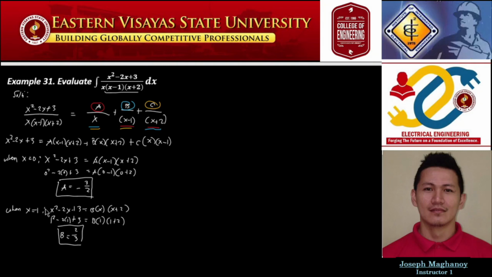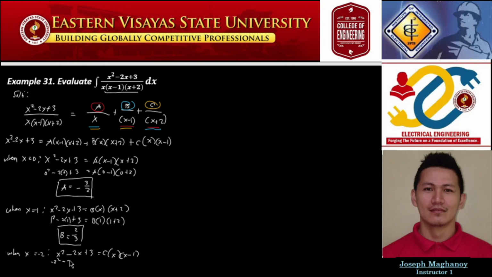For our c, we transpose 2, it becomes negative 2. So when our x is negative 2, x squared minus 2x plus 3 is equal to c, x minus 1. We substitute the value, negative 2.